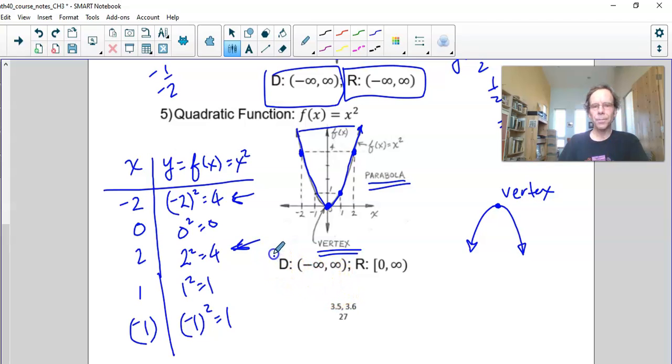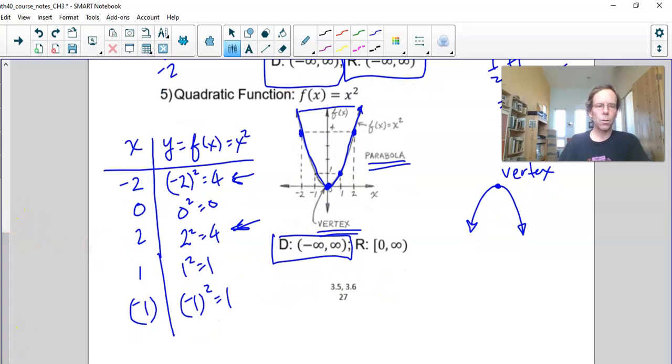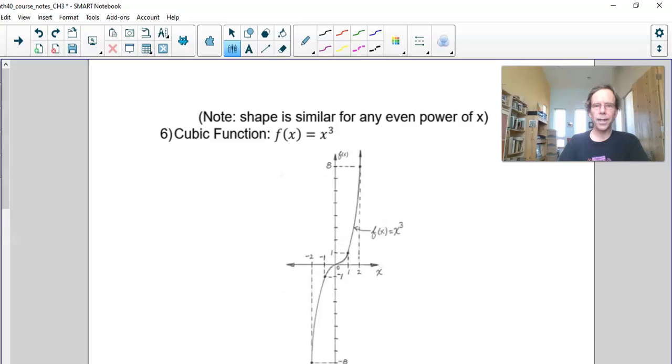All right, so domain: all real numbers. You can square any real number you want. But the range, just like the absolute value function, is going to go from 0 up, 0 to infinity, including 0. Because as we said, squaring makes everything positive. If you square 0, you get 0.